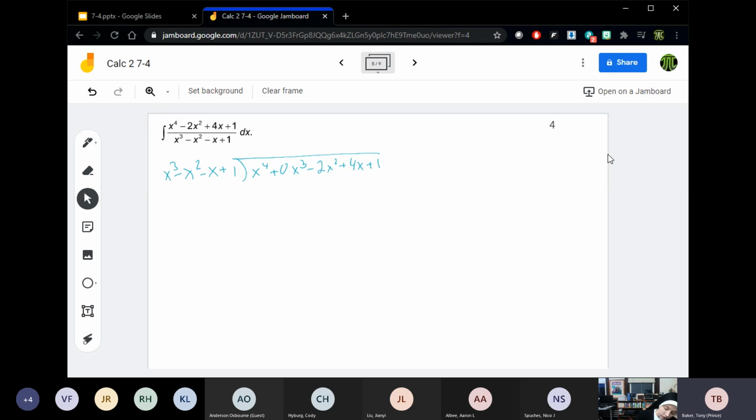Okay, so x to the third goes into x to the fourth once. So I have the x. I have x to the fourth minus x to the third minus x squared plus x. Change my signs. So I have x to the third minus x squared plus 3x plus 1. X to the third goes into x to the third once. So I have x to the third.